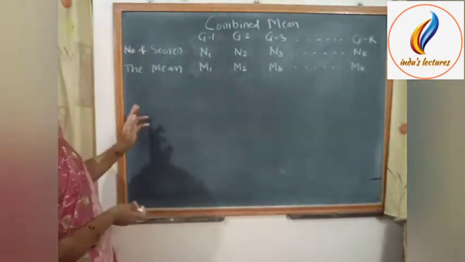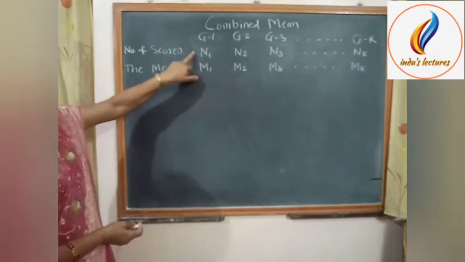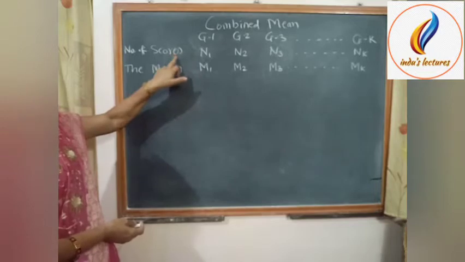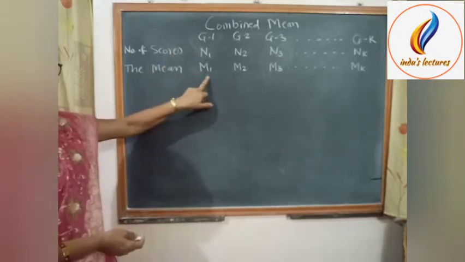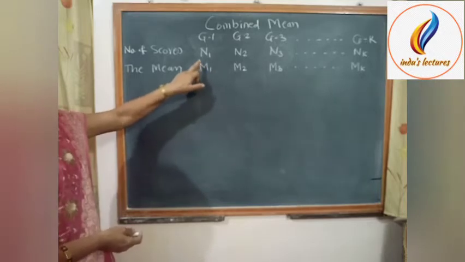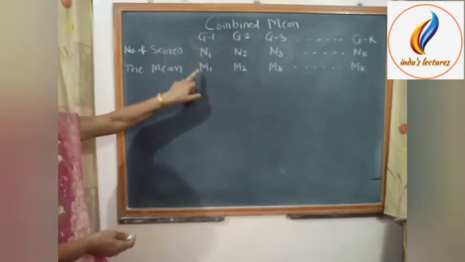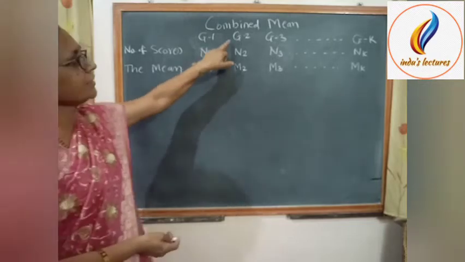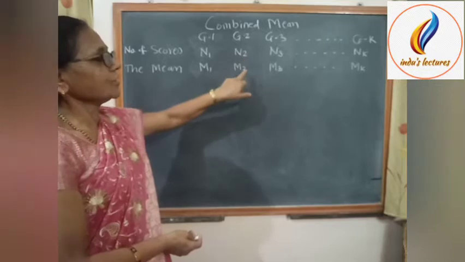So let us consider the first group. In the first group, the number of scores is N1 and its mean is M1. So the sum of the scores in group G1 is equal to N1 into M1. Similarly, the sum of scores in group G2 is N2 into M2.